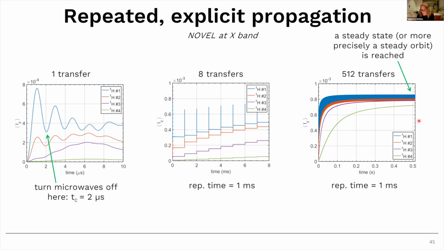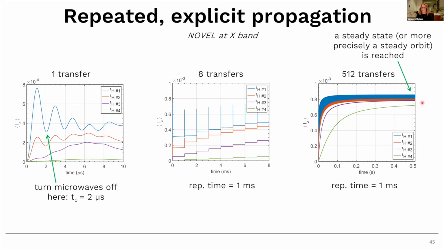If I repeat all of this 512 times, this is the curve you get. Note the scale change here: I went from microseconds to milliseconds to seconds. What you then see, and this is not unexpected, is that in the end, you reach something that you can consider a steady state.